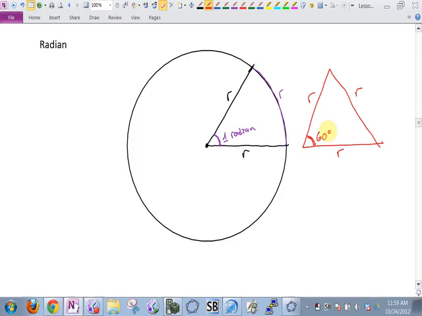You can approximate a sector with a triangle, but the reality is, if my arc length here is r, this angle is going to be what compared to 60? It's got to be smaller. So 1 radian is just barely smaller than 60 degrees.